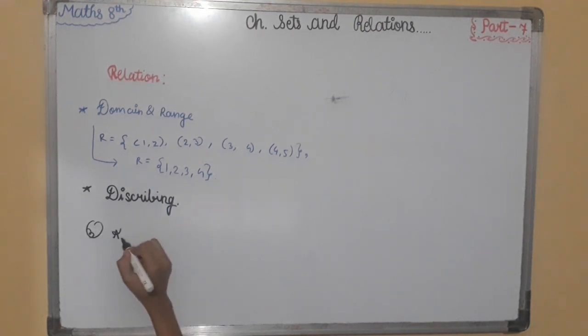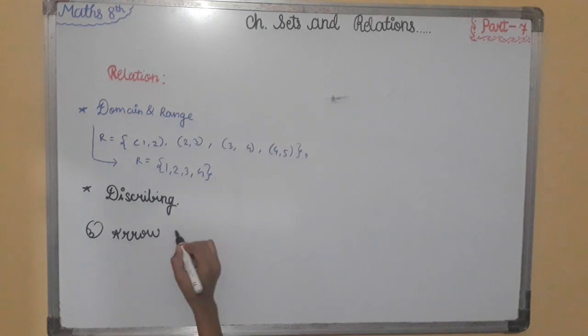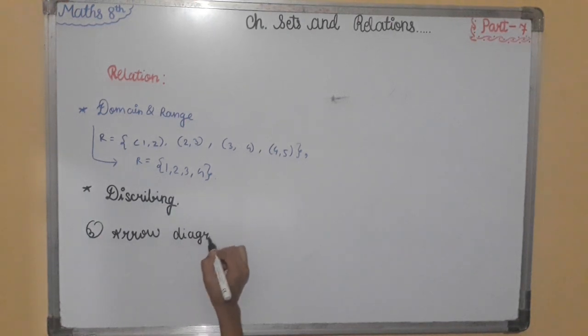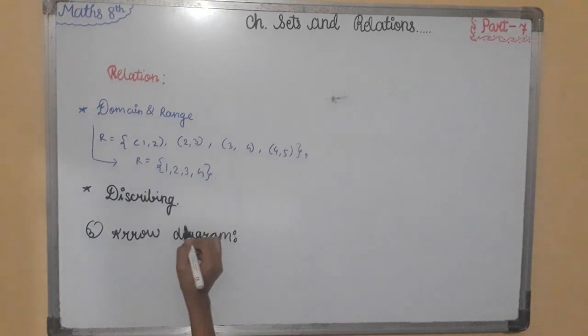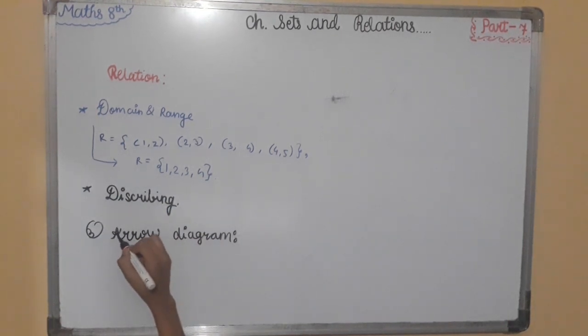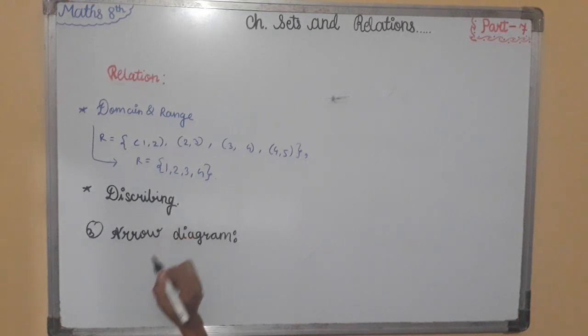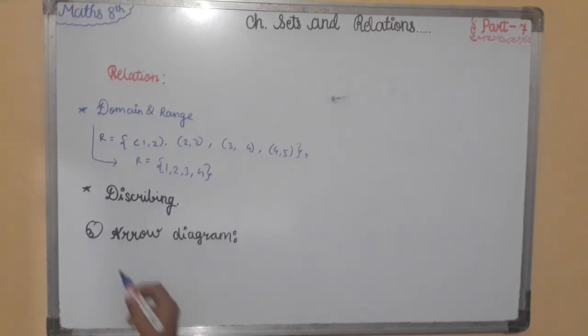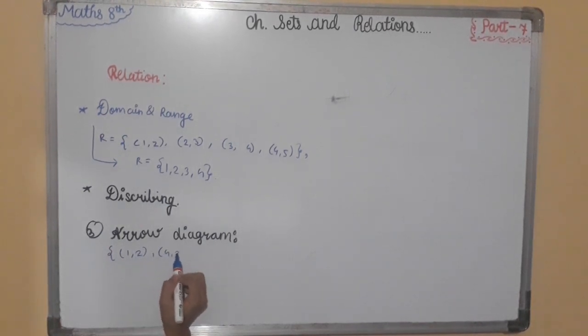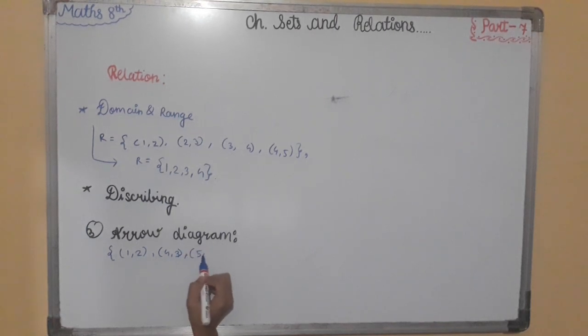First we'll learn the arrow diagram. Let the relation from X to Y be described as {(1, 2), (4, 3), (5, 3)}.